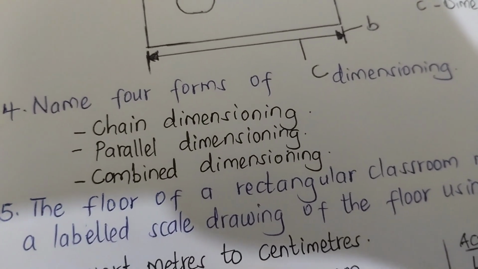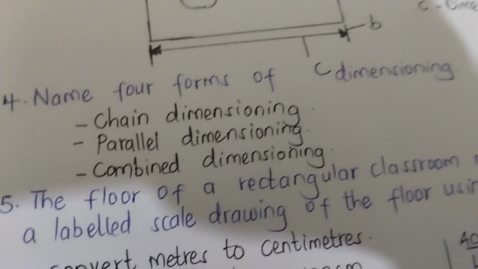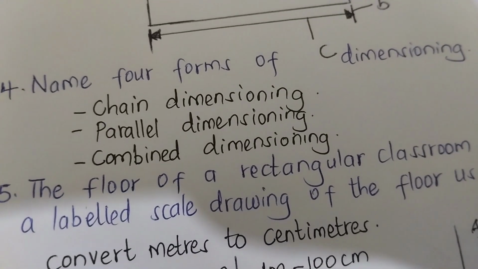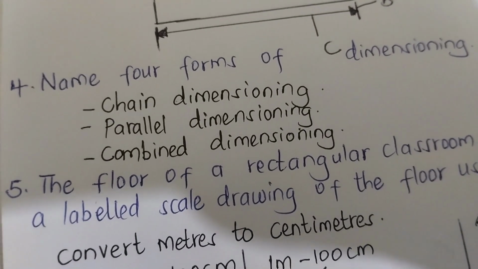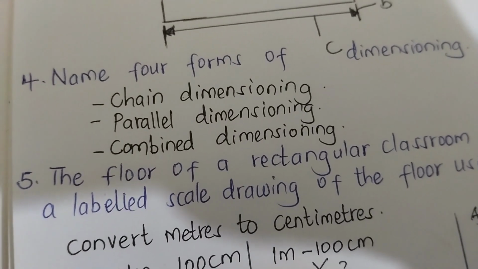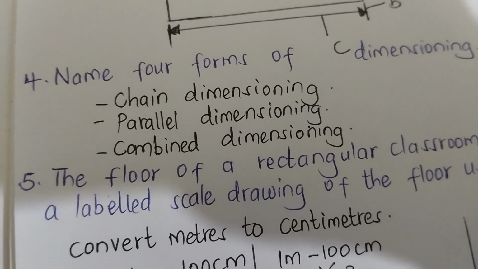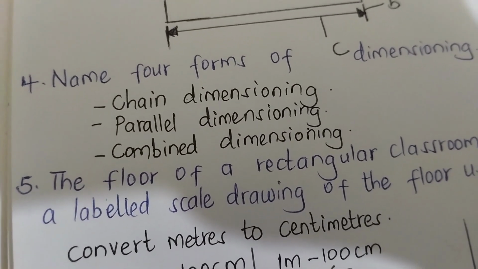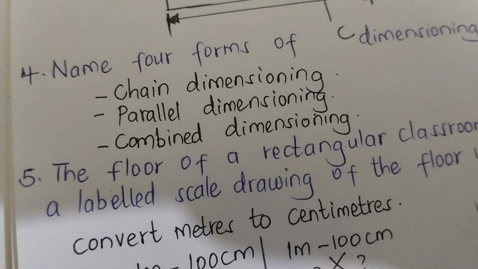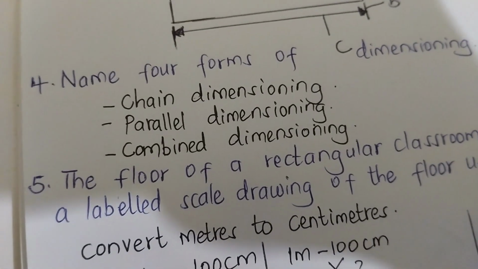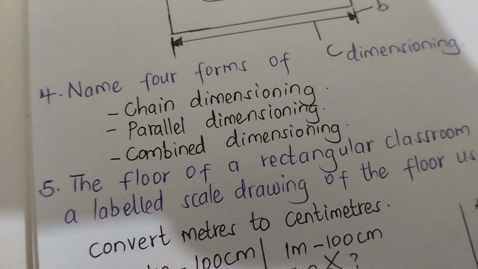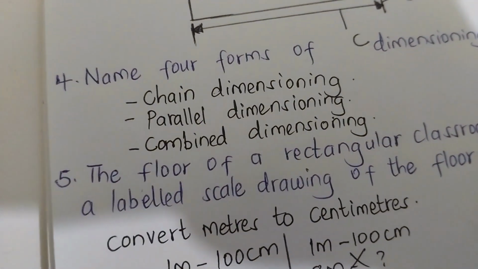And then we've got parallel dimensioning, whereby two or more dimension lines are equally placed and arranged parallel to each other. And then we've got combined dimensioning, whereby this method uses both chain and parallel dimensioning within the same drawing.